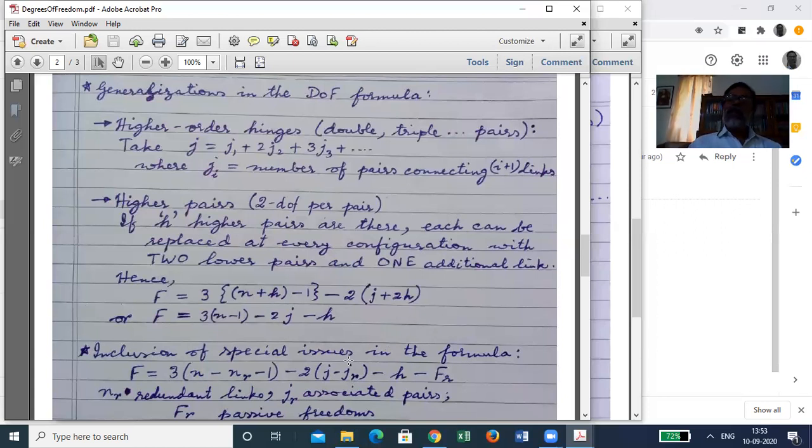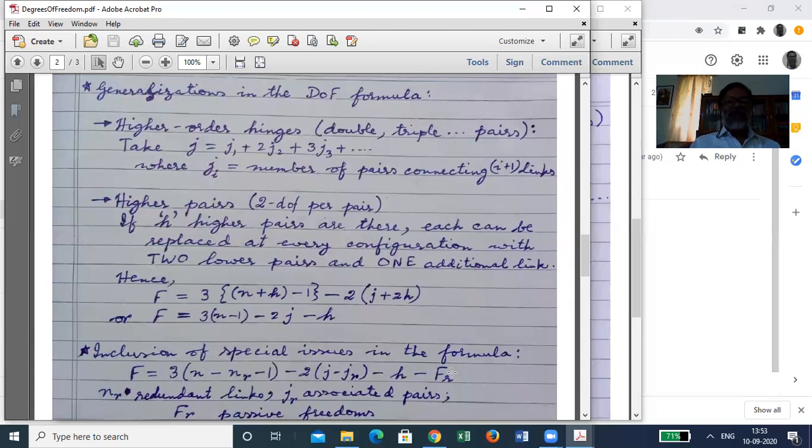And sometimes, even though everything looks fine, there are some extra freedoms which are actually in the book. These extra freedoms are redundant freedoms, but more modern literature typically refers to them as passive freedom, because redundant freedoms are actually used in some other context.